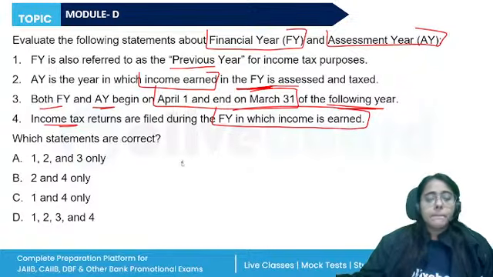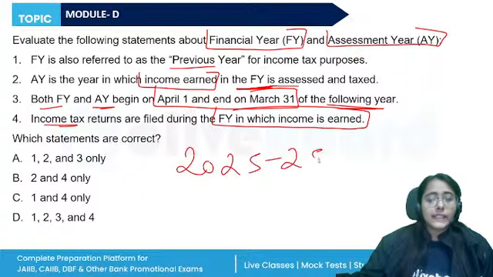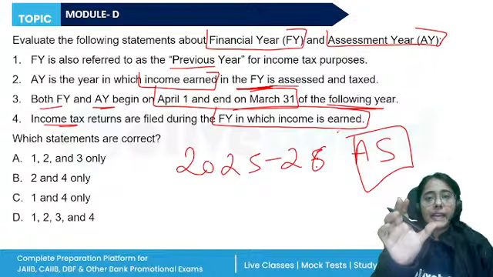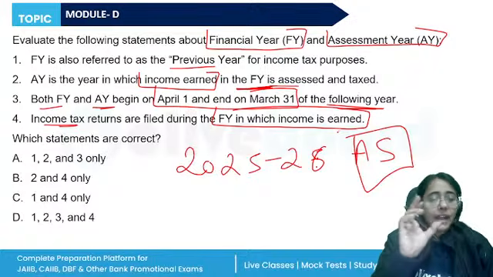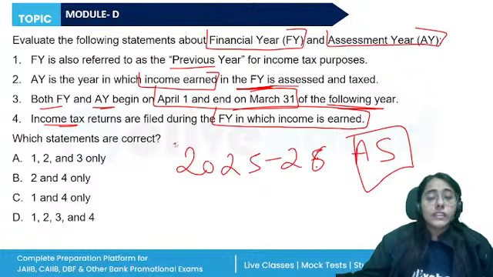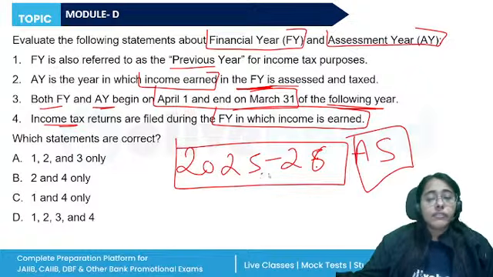So let's say I have filed my taxes in 2025-26, right? So when I was filing my taxes, I mentioned this as the assessment year. When we opened the site, there was the option, right? Filing the ITR for assessment year 2025-26. So the year in which the ITR is filed is the assessment year.